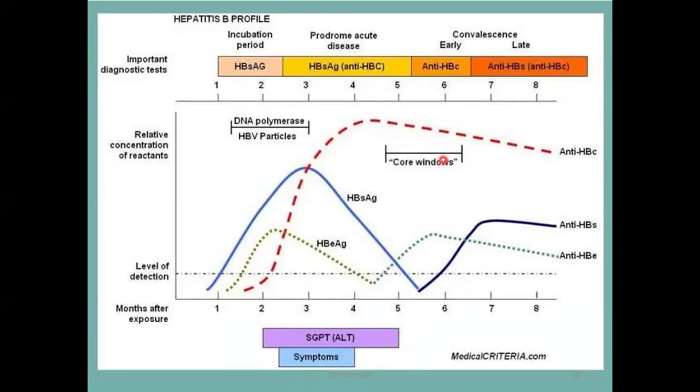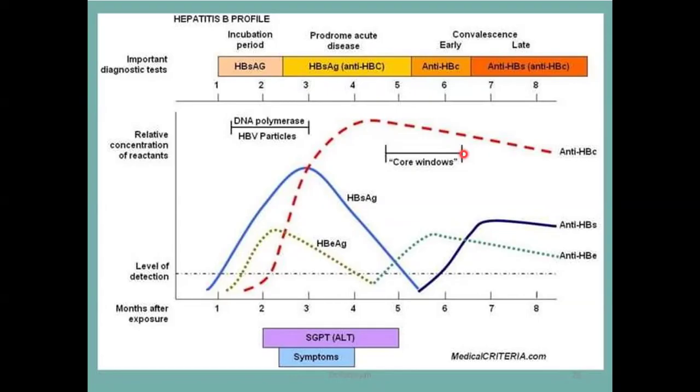So remember we said antigens are present when the acute infection is there, and antibodies are present when you start recovering, when you resolve. That is the period we call the window stage or the window period. Don't confuse it with the window period you might know from primary or high school, where we meant the incubation period.